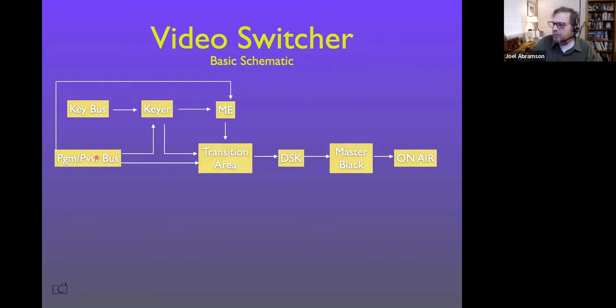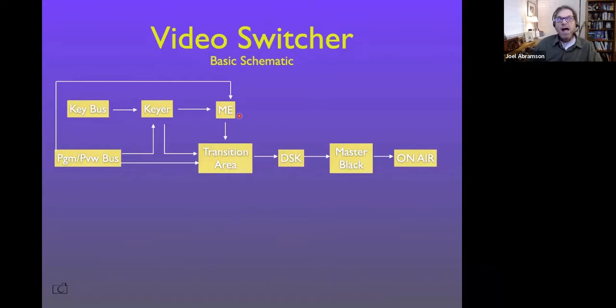Now, above the program preview bus, we have the key bus. And if we combine them in the keyer, we can just go right to the transition bus right here and out. But then we can also take these sources here, go through the keyer and go through another bus. This is the ME, the multi-layer effects bus, okay?